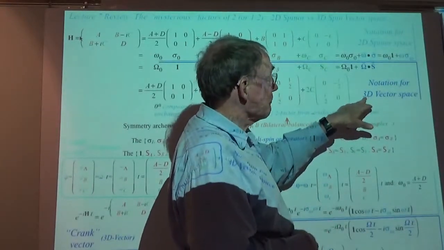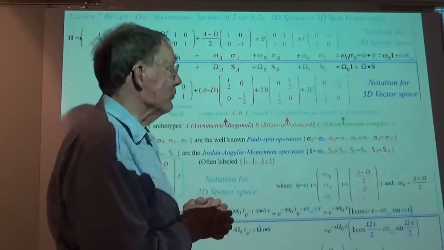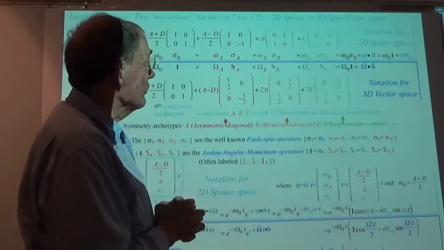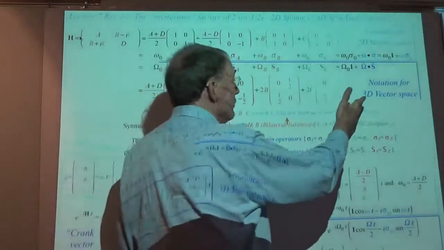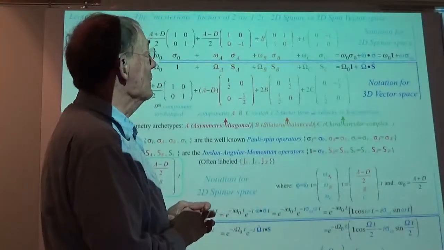The 3D real vector space, R3, is the group that goes with that, and we'll be playing with it simultaneously as we play with the U2 group that goes with the other one.